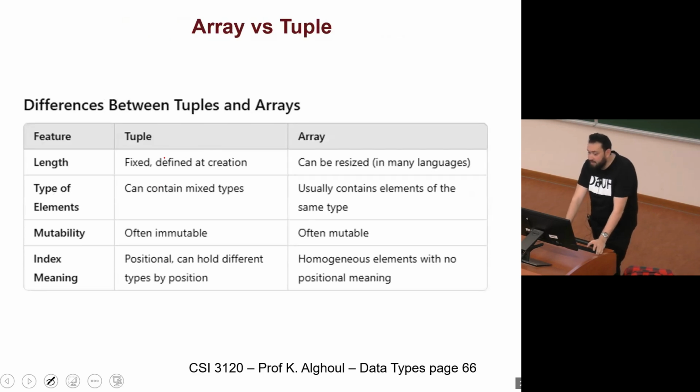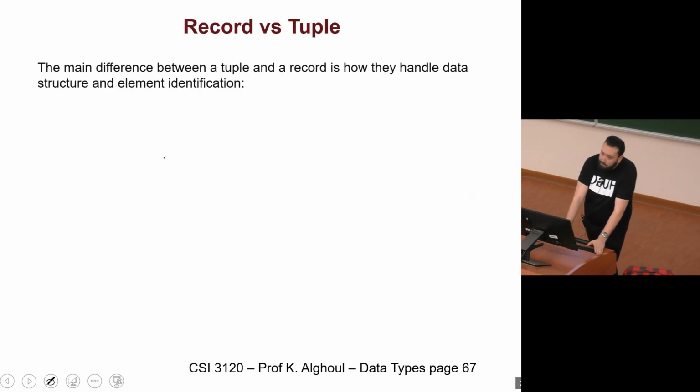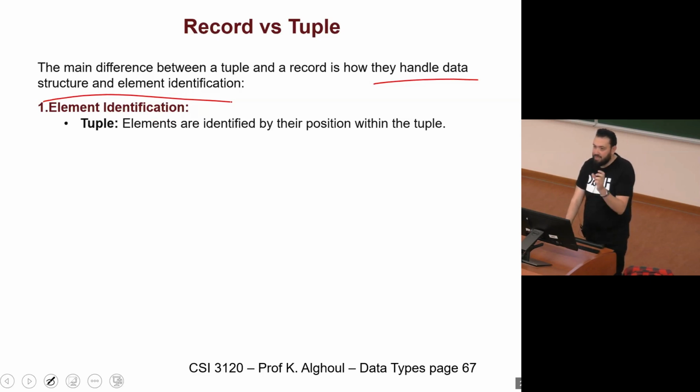Now, these are some of the differences between tuples and arrays that I put here as a summary. And also, what is the difference between a record and a tuple? We just covered it. The main difference between them is how they handle data structure and element identification. So the element identification, as we said, is it by index, 0, 1, 2?